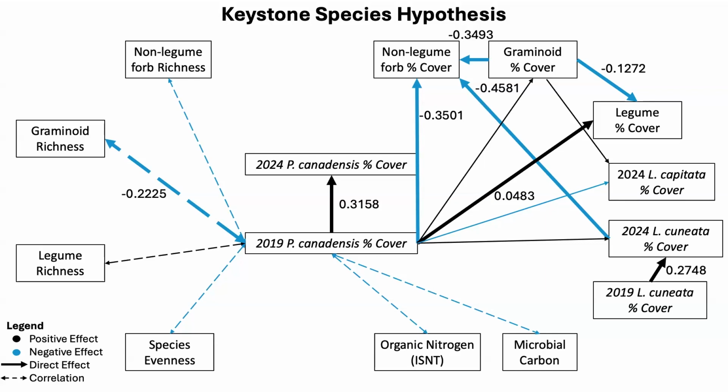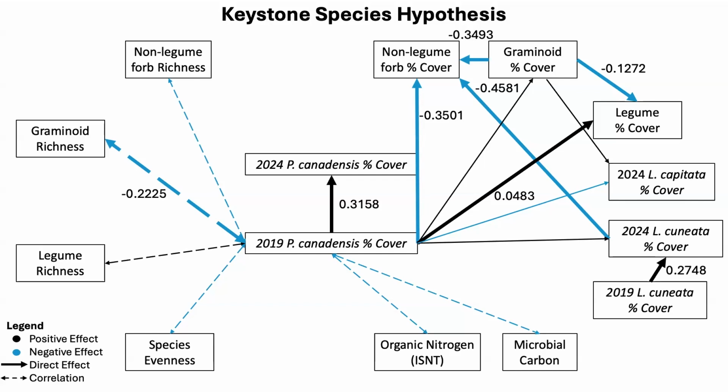Now, when I'm looking for a keystone effect in this model, what I would expect to see is Pedicularis affecting one of the more competitively dominant species. So that would be either grass cover or 2024 cuneata cover. And then those dominant variables affecting the competitively subordinate species, so legume or capitata cover.